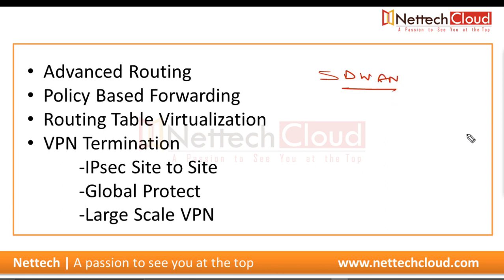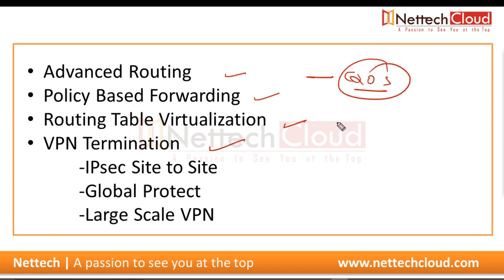VPN termination, routing table, policy, advanced routing, and QoS, quality of service, is another networking feature. Is it there in Palo Alto firewall? In Palo Alto firewall you will find almost all network device features: routing features, policy-based forwarding, QoS, BGP, OSPF, a whole bunch of configuration.